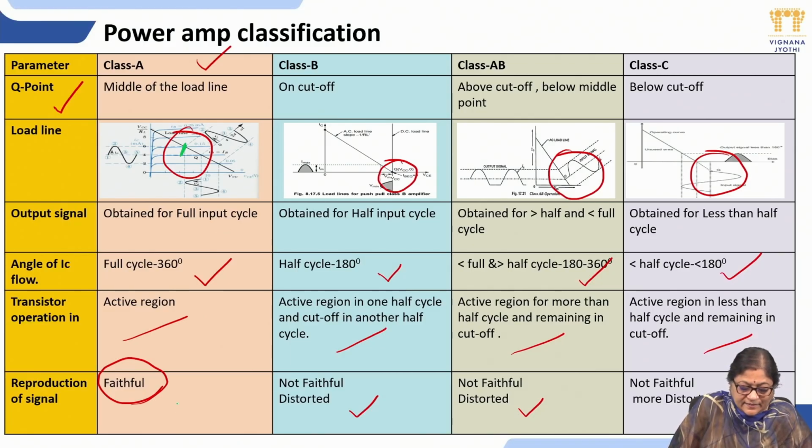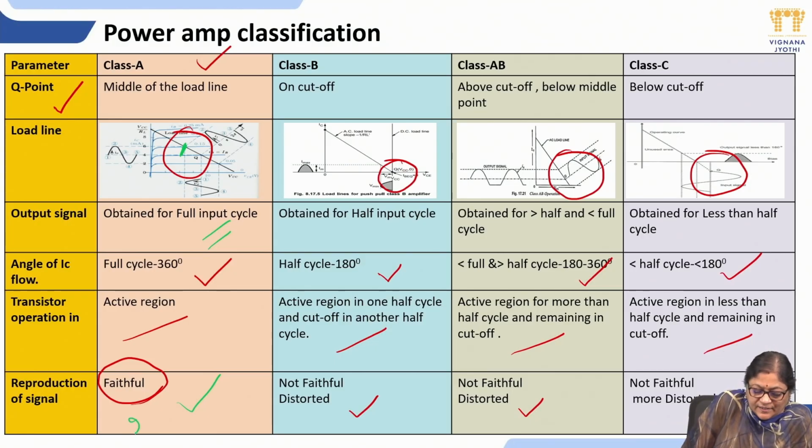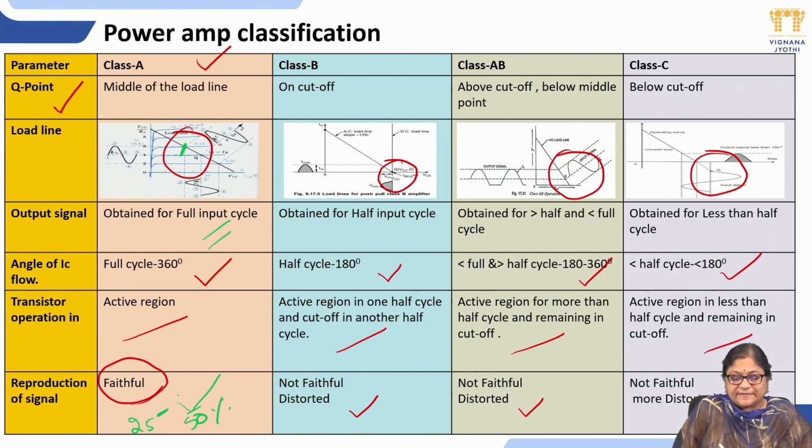That's why the output is faithfully reproduced, that is, no distortion is available, and for the complete input cycle the output is obtained, and the power efficiency for class A is 25 to 50%.